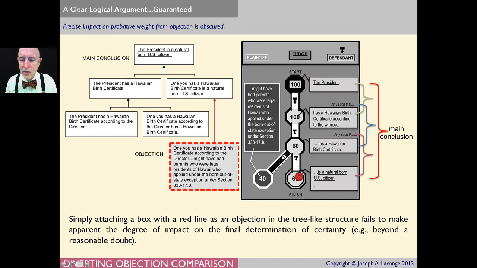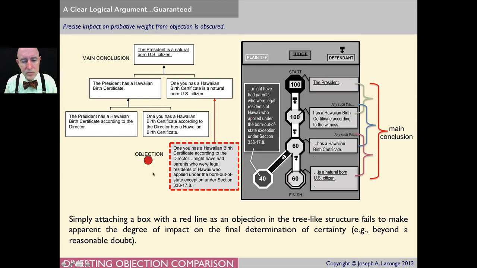One person's arguing it leads right here, but that level of certainty, through the diverting objection, can be diverted off the path, which weakens it. It can weaken, depending on how much is diverted, the ultimate level of certainty that reaches the finish in the inferential line.